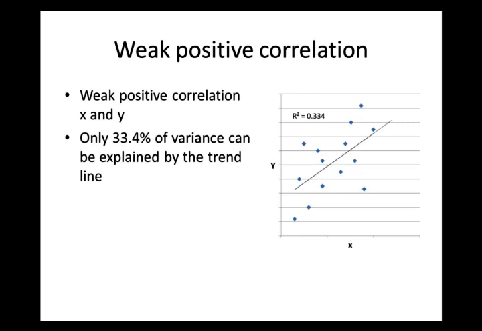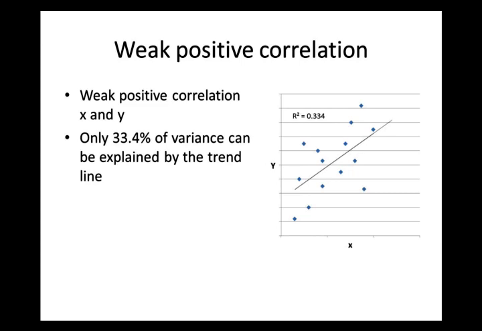However, the R value here is low, close to 0, and the R squared value tells us that only 33.4% of the variance can be explained by the trend line that we've shown. So this is an example of a weak positive correlation where the points are scattered.